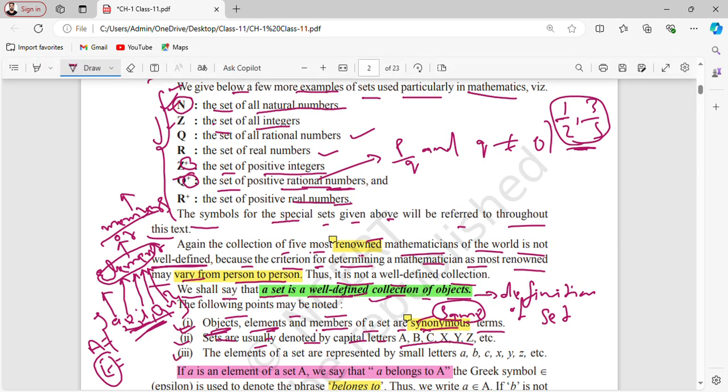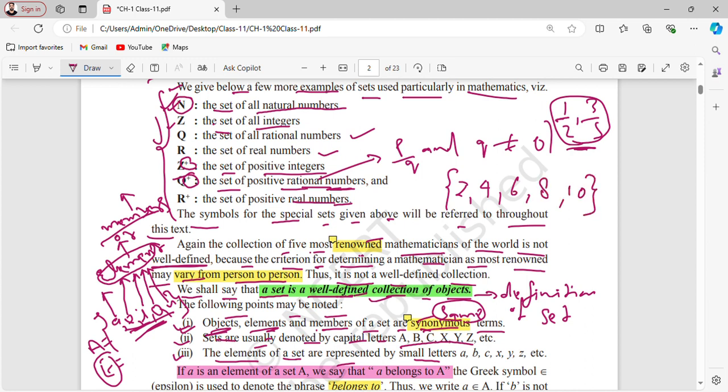And point number 3, the elements of the set are represented by small letters. So suppose a set of 2, 4, 6, 8, 10.